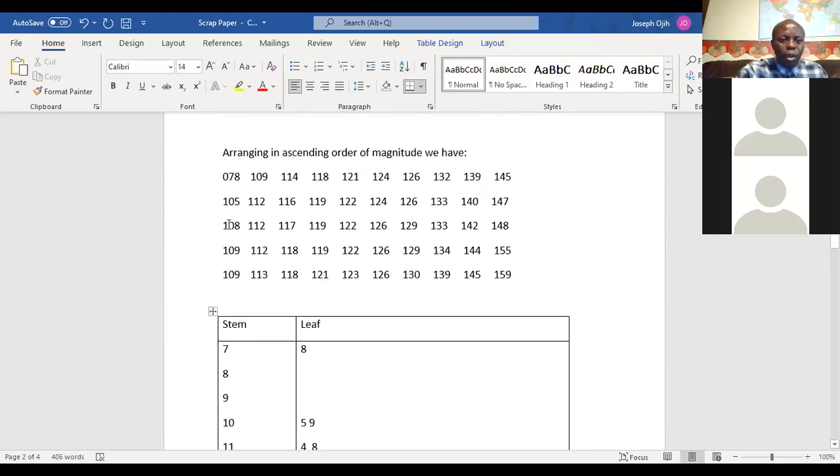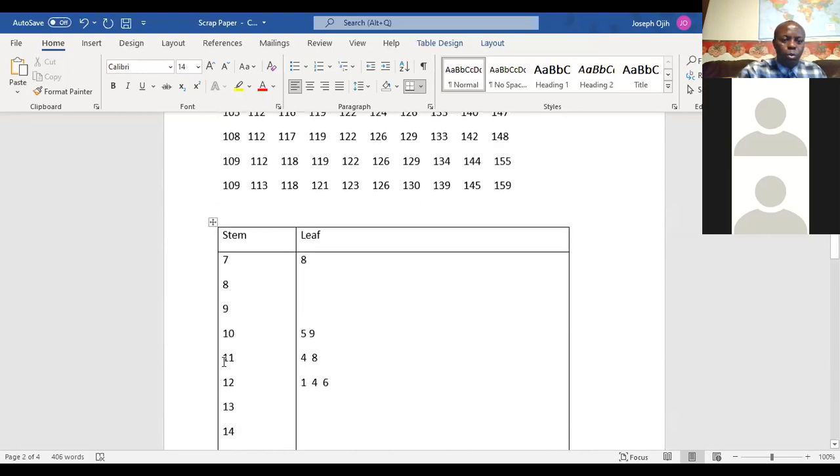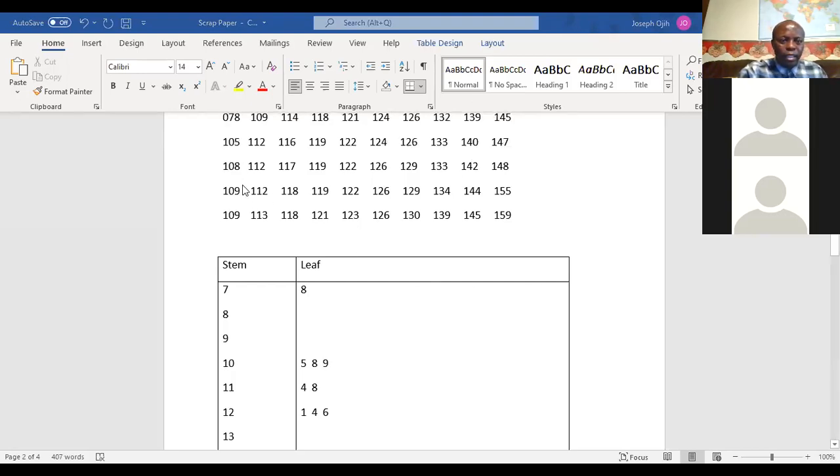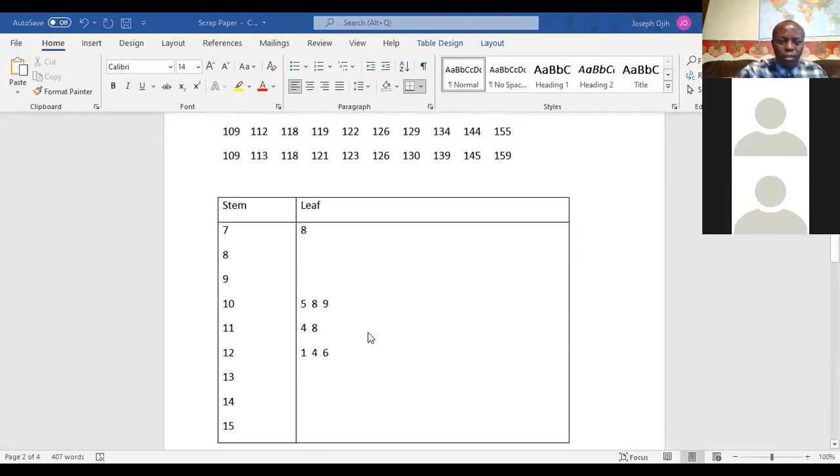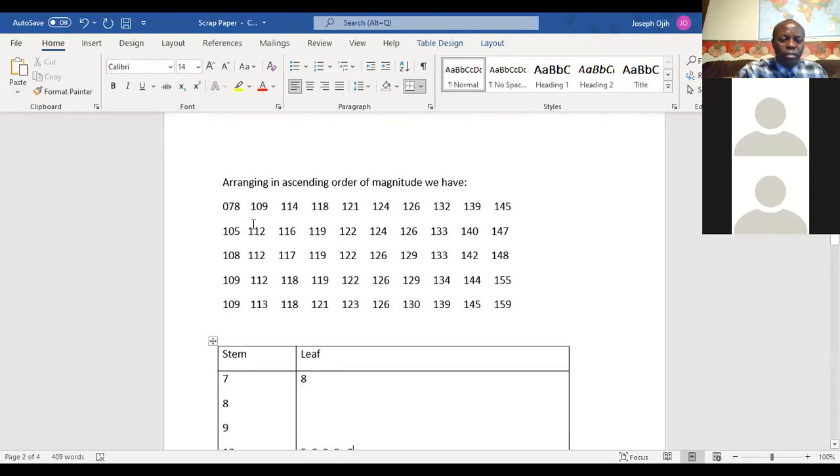Then have 108. See, 108, 8. Then the 109 is twice. I think it's 3 times: 109, 109, and 109. We have 1 already, so you have to put 3 of them. Yeah, 9, 9. And that ends the 109s.